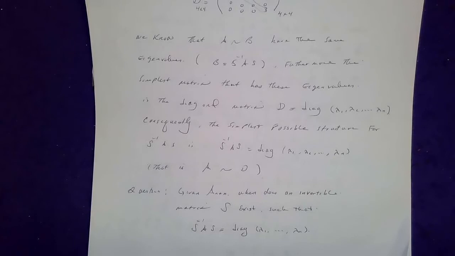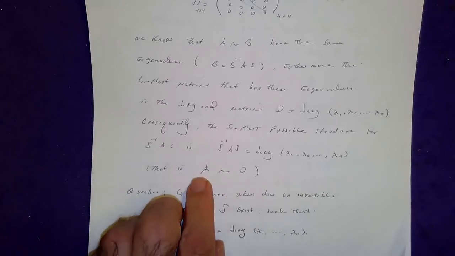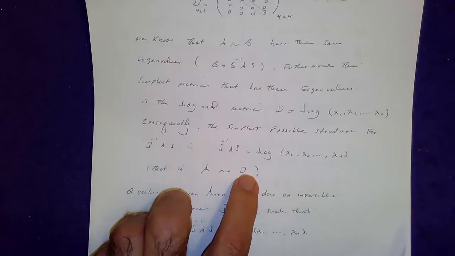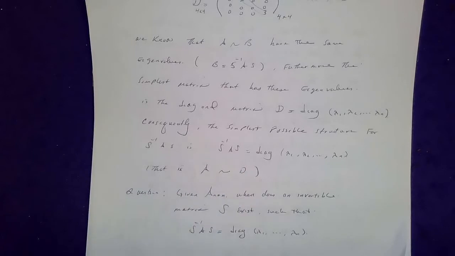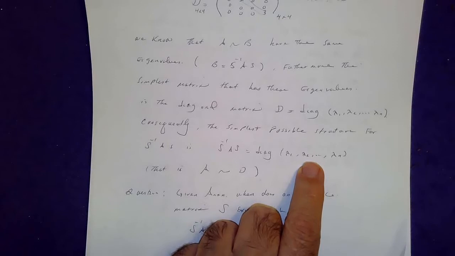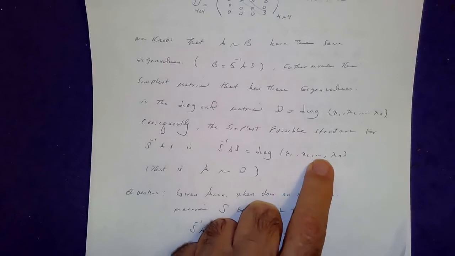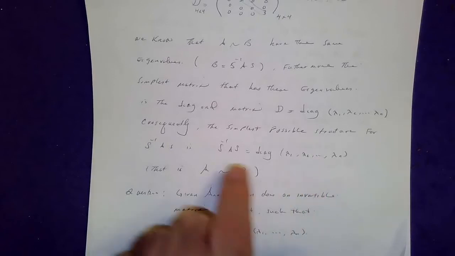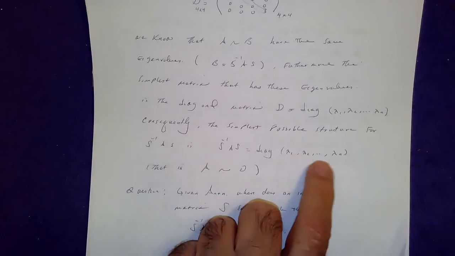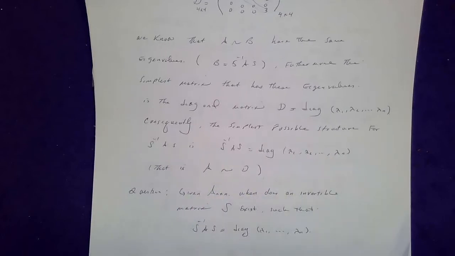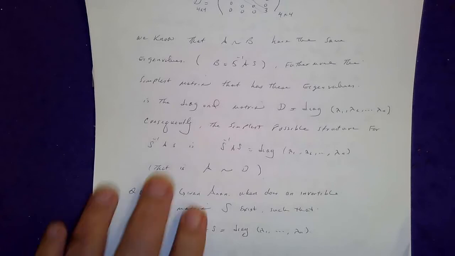In other words, when do we say a matrix is similar to a diagonal matrix? And once again, a diagonal matrix is a square matrix whose main diagonal elements happen to be, in this context, eigenvalues of matrix A, and off main diagonal elements happen to be 0.